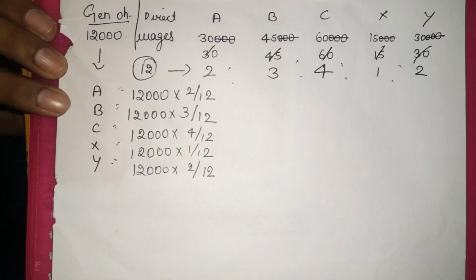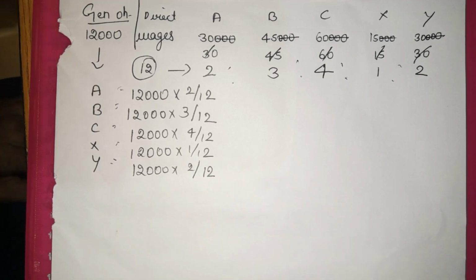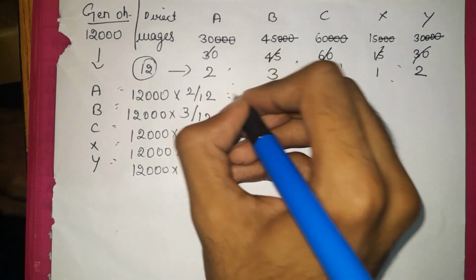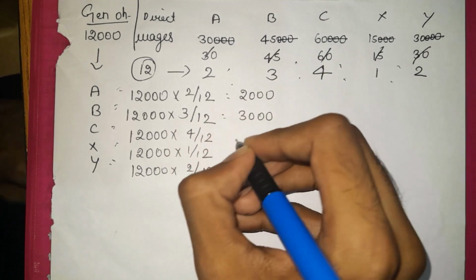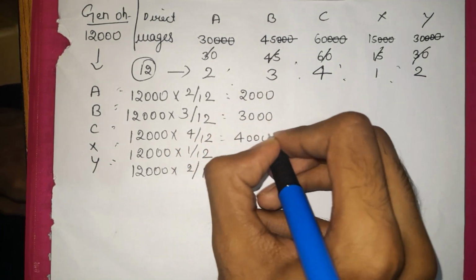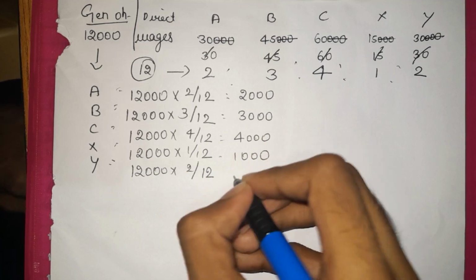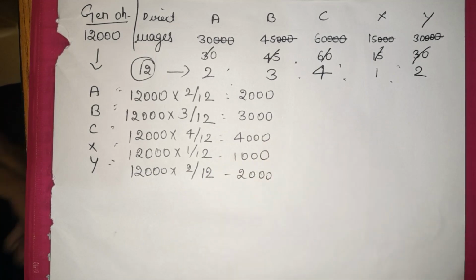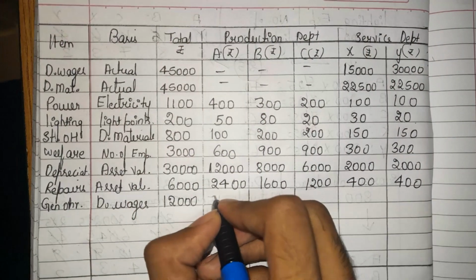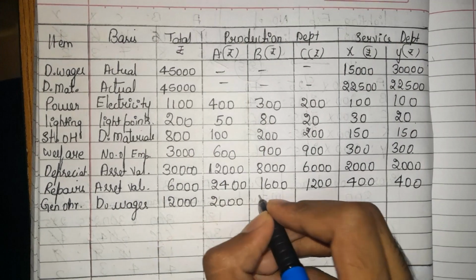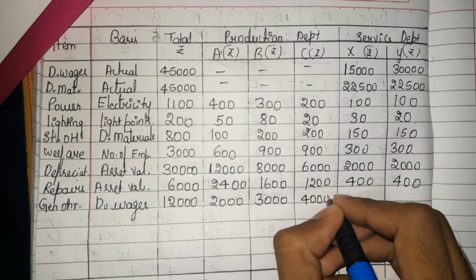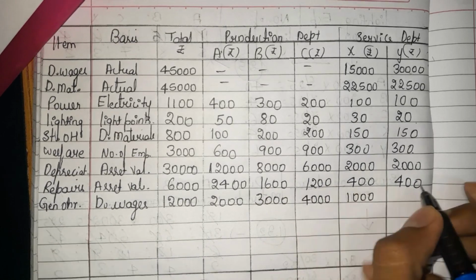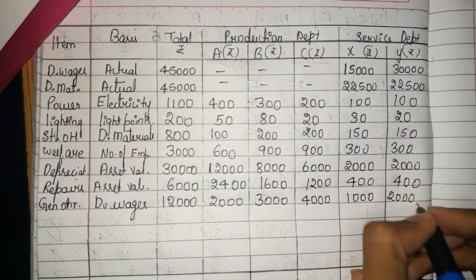So 12,000 into 2 divided by 12 is 2,000. Here it will be 3,000, here 4,000, here 1,000 and here 2,000. The same amounts you write over here: 2,000, 3,000, 4,000, 1,000 and 2,000.